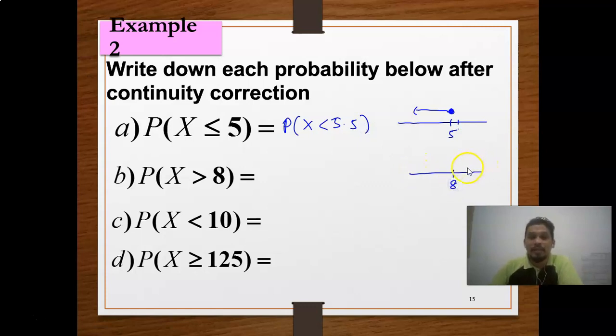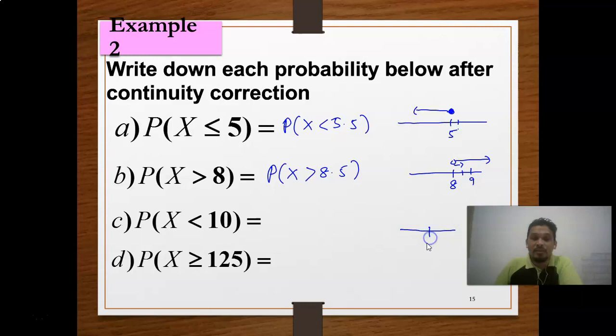And this one, x greater than 8. Since this does not include 8, it begins with 9 here. So we take 0.5 step to the right. So it comes out with x greater than 8.5.